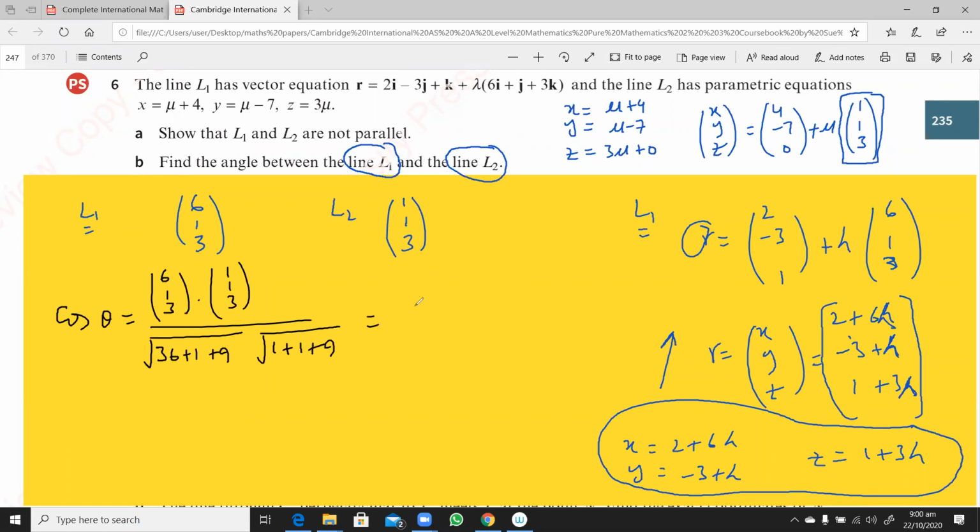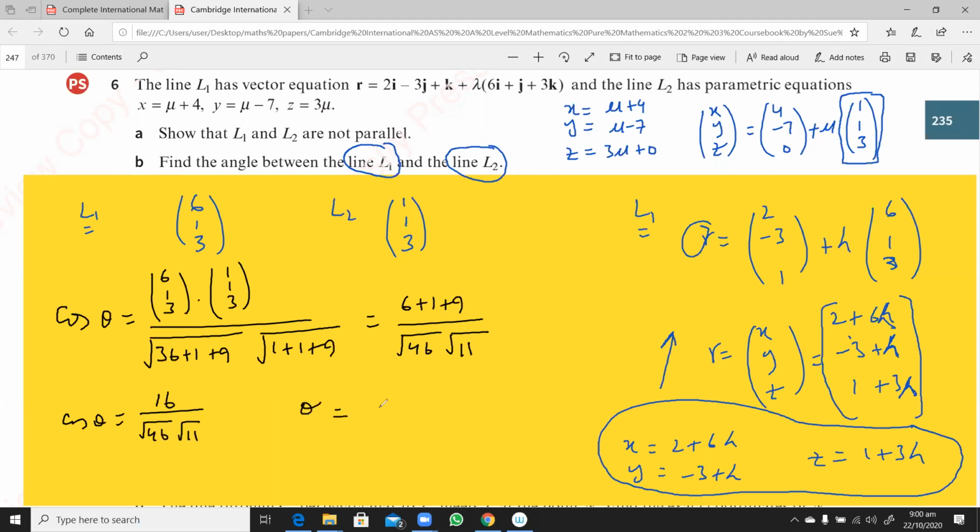So this is going to be 6 plus 1 plus 9 over under root 46 times under root 11. Get your calculators ready. So this cos theta is going to be 16 over under root 46 times under root 11.